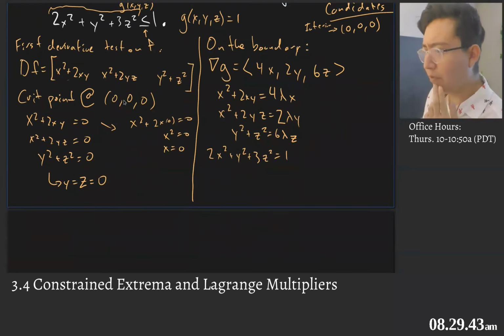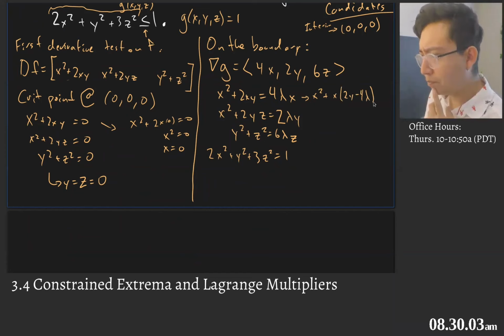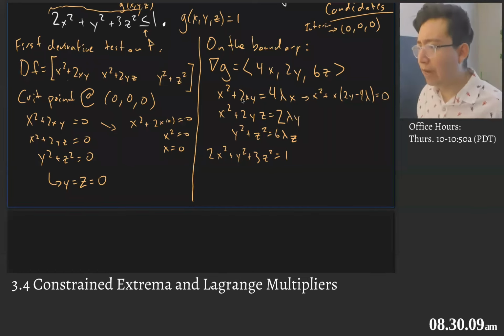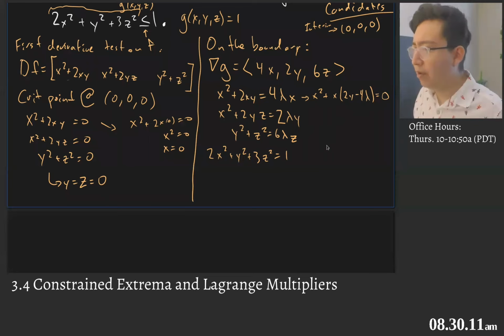I think what I want to focus on is this first equation right here. So what I'm going to do is move everything to one side. So I get x squared plus x times 2y minus 4 lambda, and this is going to equal 0. So I moved this term over and then factored out an x from that first term there.